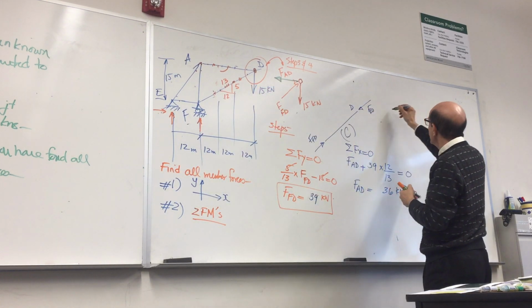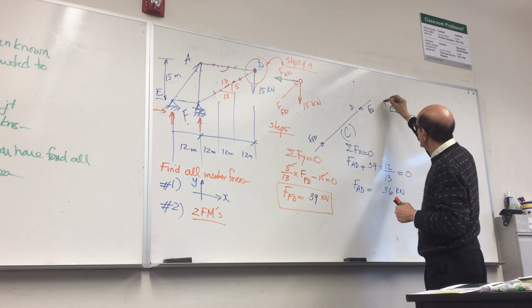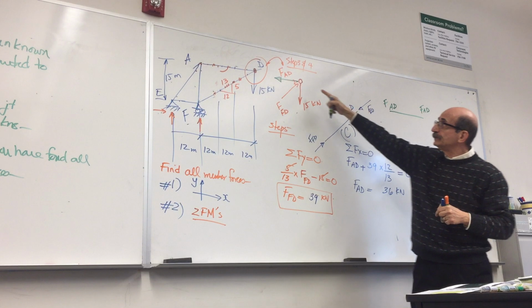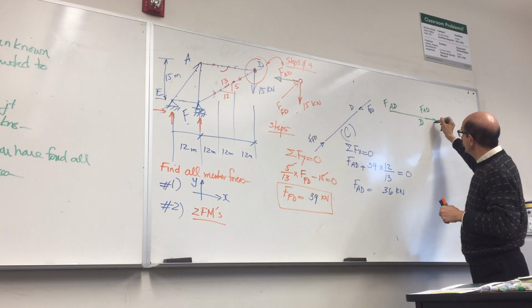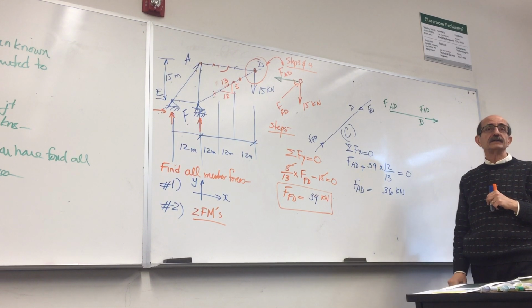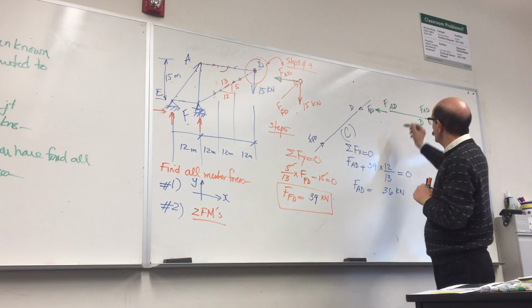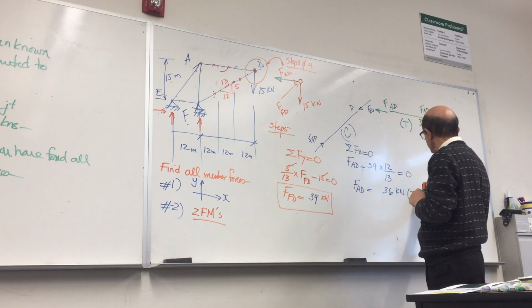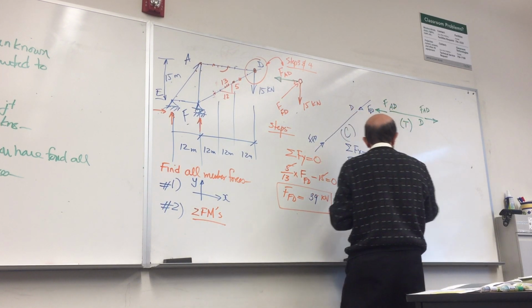So member AD, at this joint D, you have a force like this, acting on that member. That means on the other end, you have this. So this member is in tension. So you need to put that next to this. And now you have a complete answer.